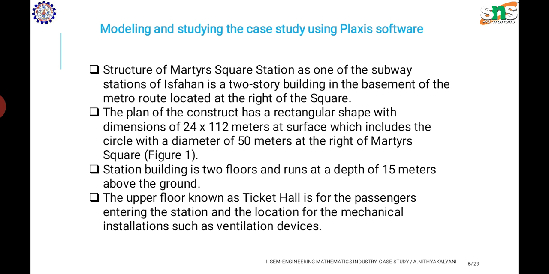The station building is 2 floors and runs at the depth of 15 meters below the ground. The upper floor, known as the ticket hall, is for the passengers entering the station and the location for the mechanical installations such as ventilation devices.